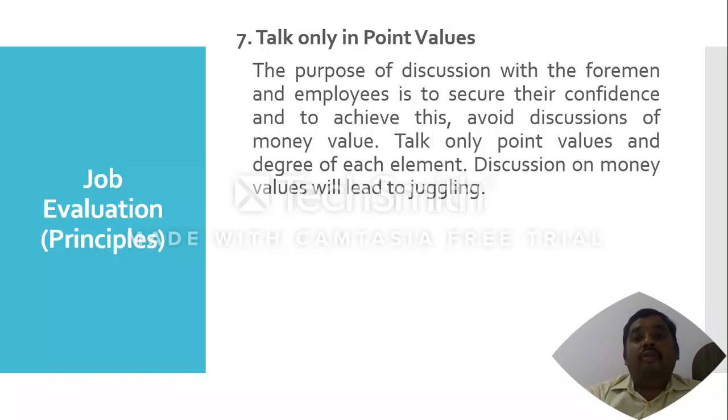The purpose of discussion with the foreman and employees is to secure their confidence and to achieve this, avoid discussion of money value. Talk only of point value and degree of each element. Discussion of money values will lead to juggling.